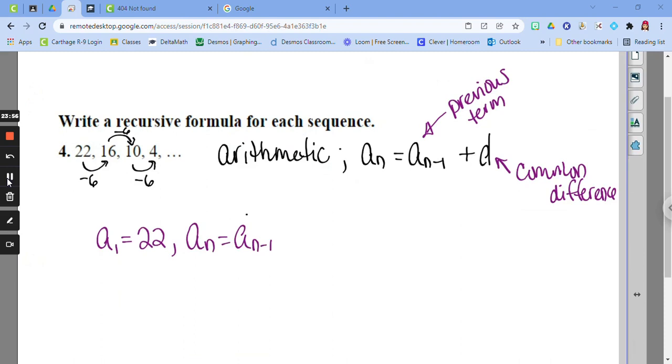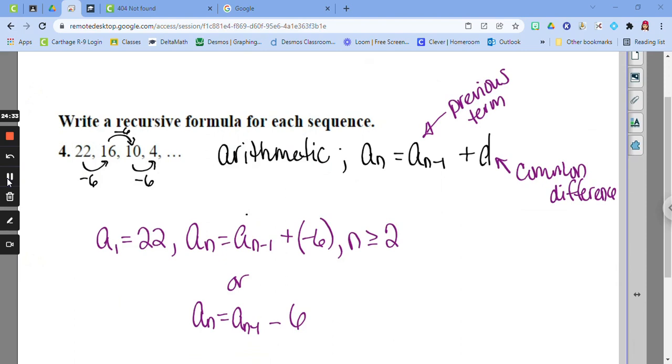So you can either do plus a -6, or you can write it as -6. Either one of those is acceptable. Okay. Good.